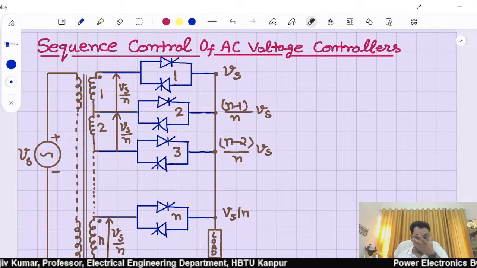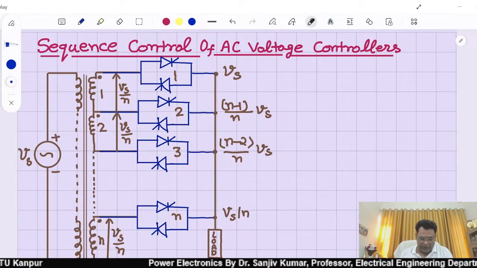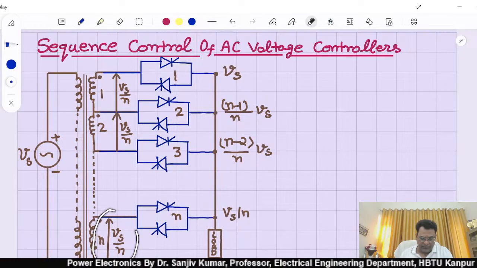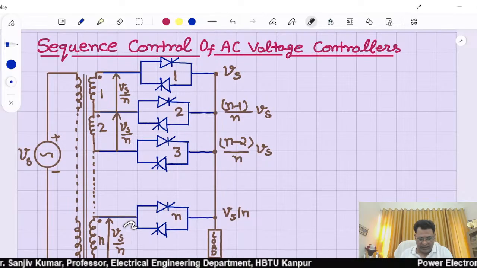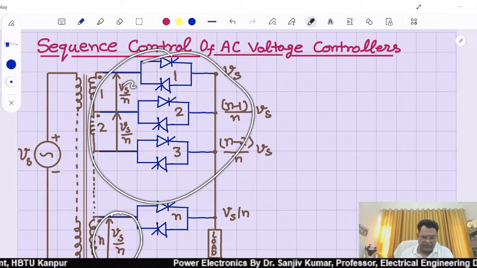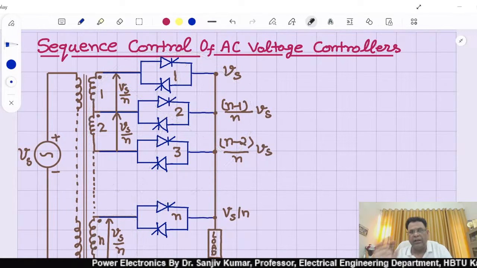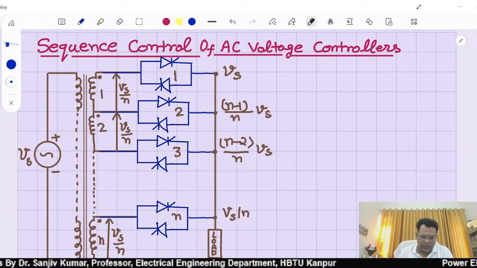Now these controllers are controlled in steps, meaning for controlling voltage up to this Vs by N, only one controller needs to be operated and the remaining N minus 1 controllers are not triggered, meaning the gate pulses are not given to these.